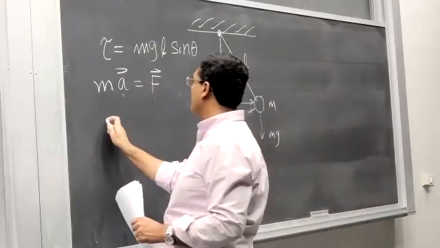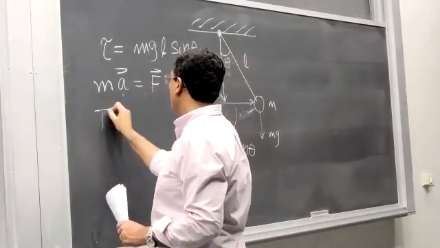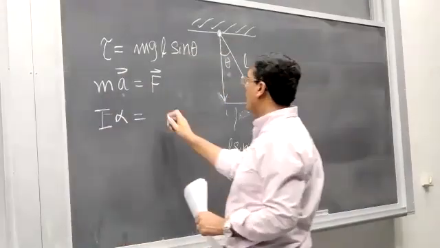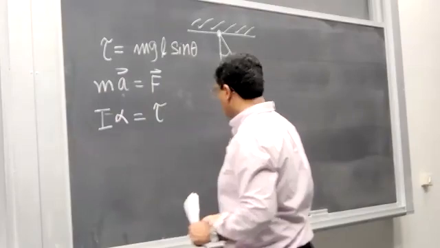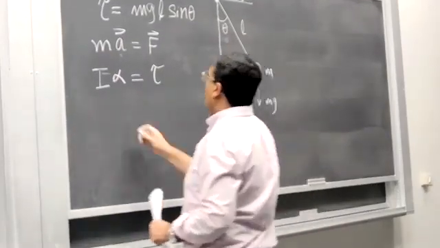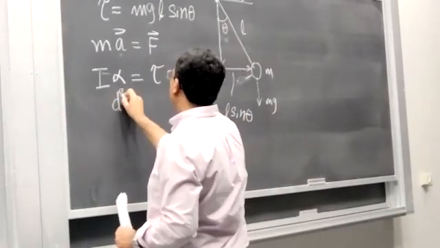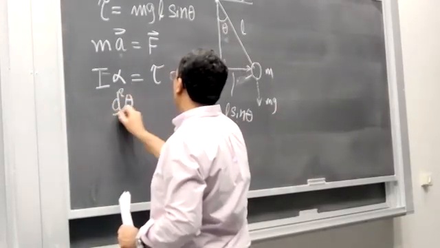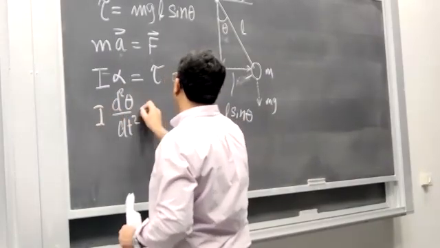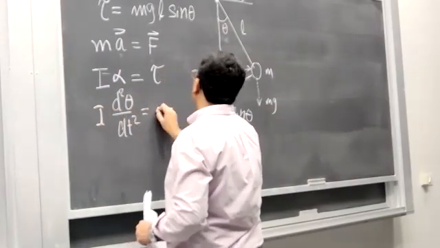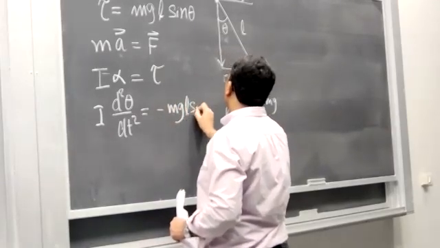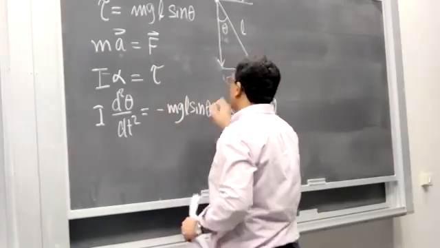In this case, the equation that we would be using is I alpha equals the torque. Alpha here would be d square theta over dt square, so I d square theta over dt square equals minus mgl sine theta.